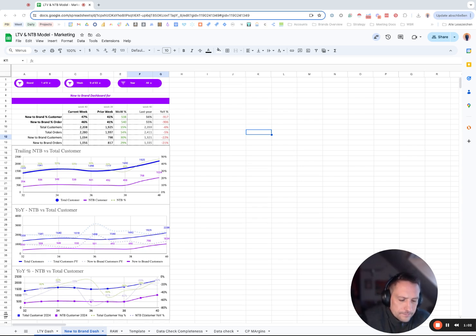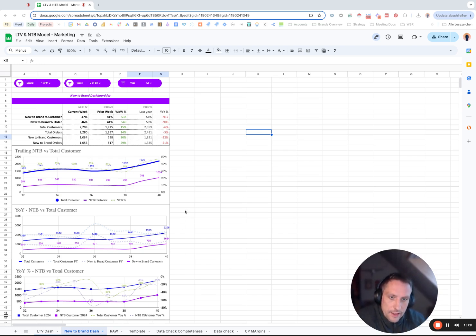The data comes with certain metrics. You have total customers, total sales, total orders. You have new to brand customers, new to brand sales, new to brand orders. You also have some repeat numbers and high potential customer numbers and this kind of stuff. And what we need for the new to brand report is basically just total customers and new to brand customers on a certain given time frame.